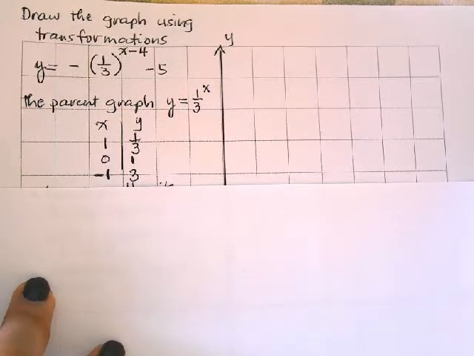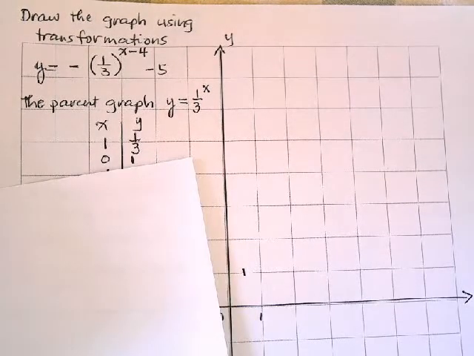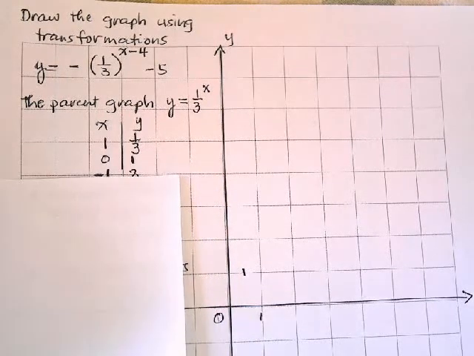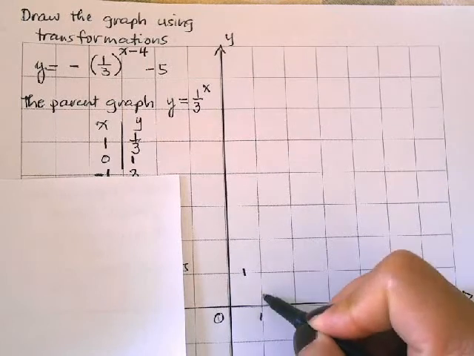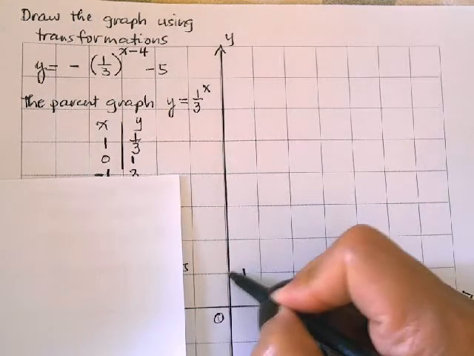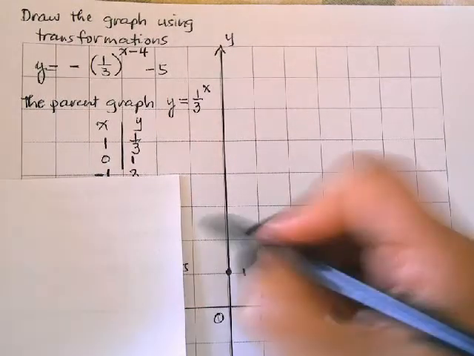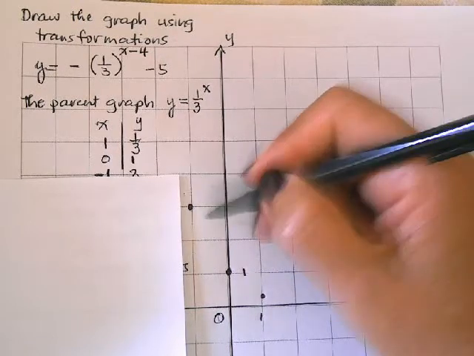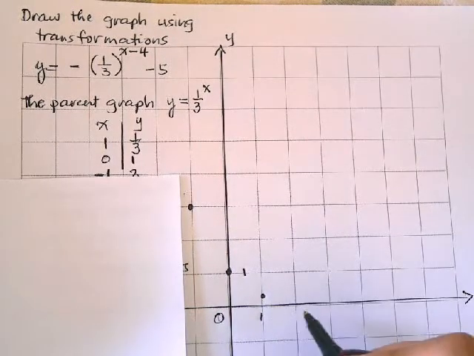So let's draw that parent graph here. When x is 1, y is 1/3. When x is 0, y is 1. And when x is -1, y is 3. So this is our parent graph, and of course there is an asymptote here.